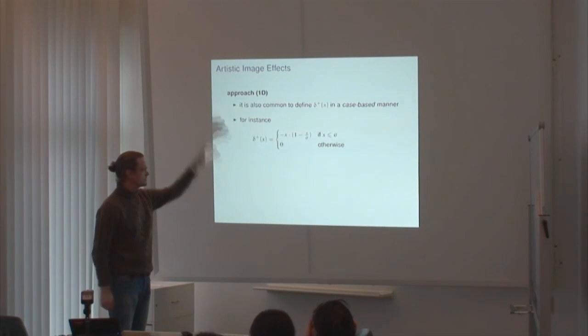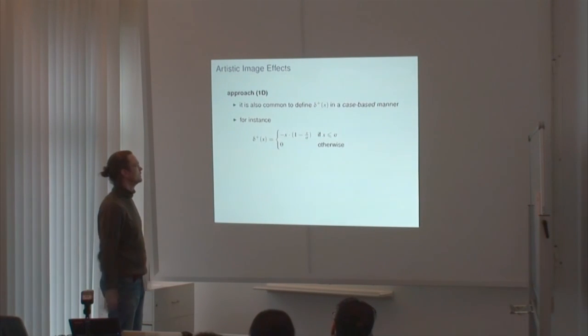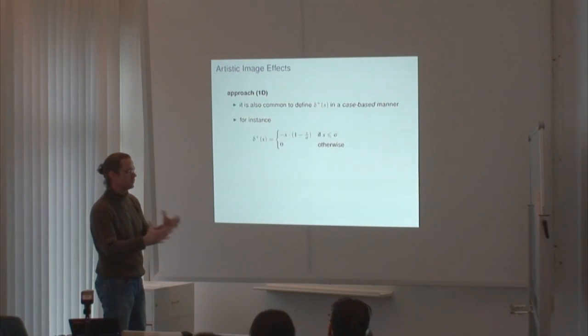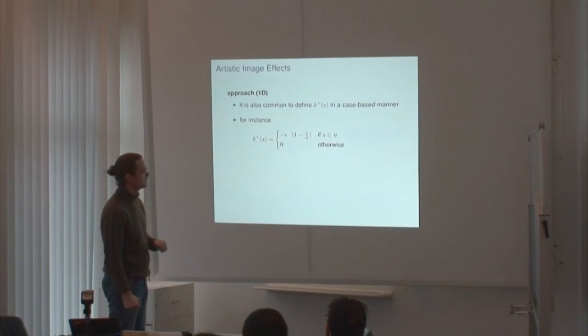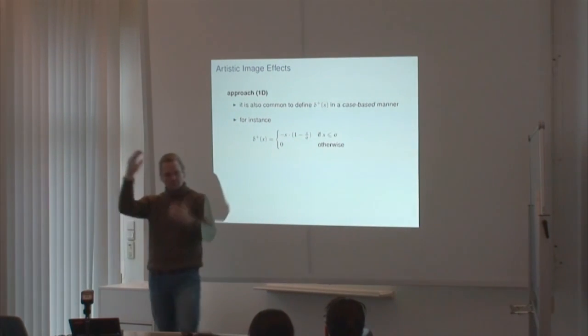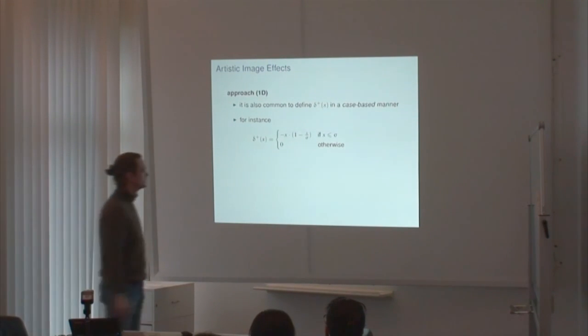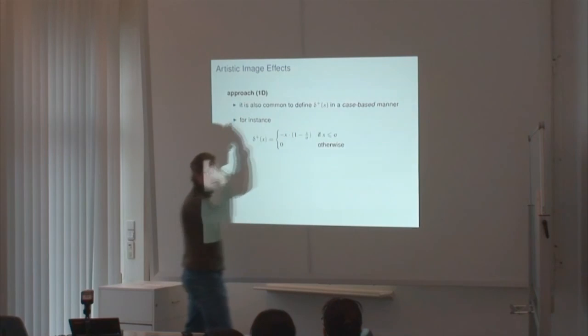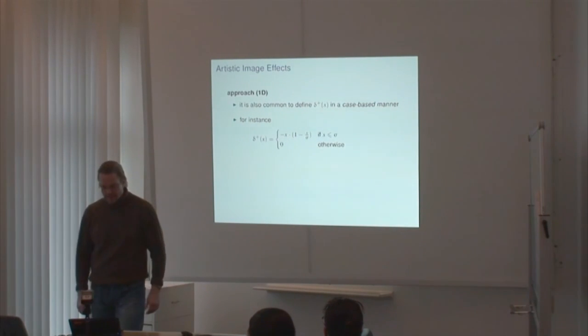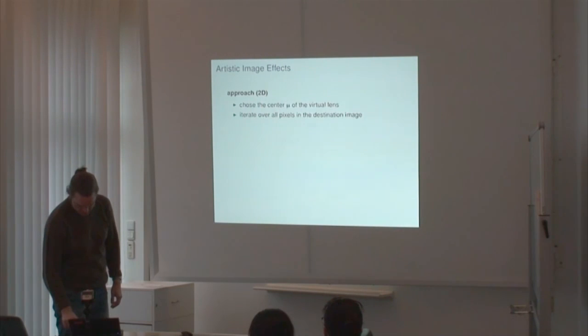This sigma is a different sigma than the one before. Define the warp in a case-based manner. That is, if we are talking about a coordinate that is less than some maximum extent, we do something, and if it exceeds this, we don't do anything. Okay, this is how we compute this.